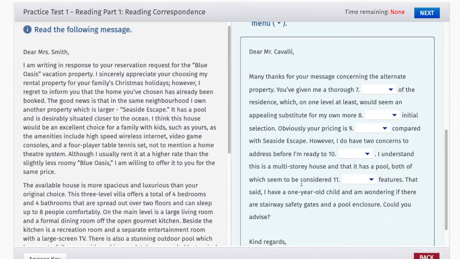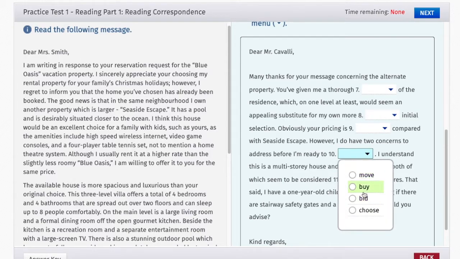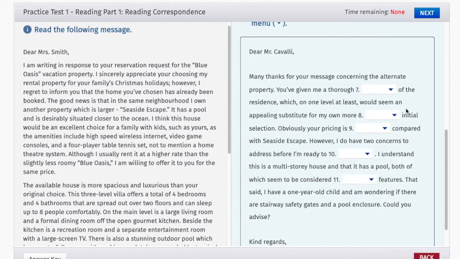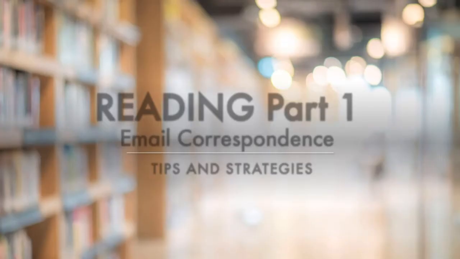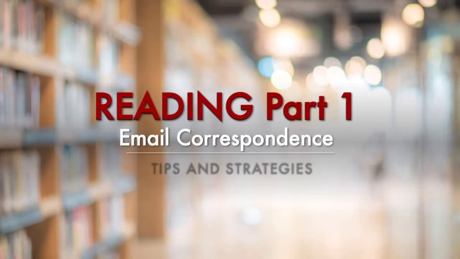So keep that in mind. And eliminating wrong answers. Two of these answers may be very wrong, so focus more clearly on the remaining ones. That is the end of reading part 1, Email Correspondence, Tips and Strategies.